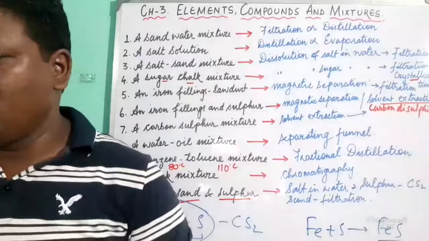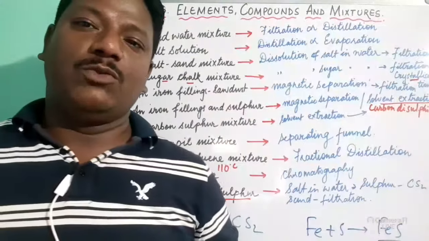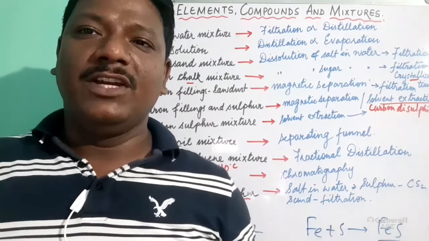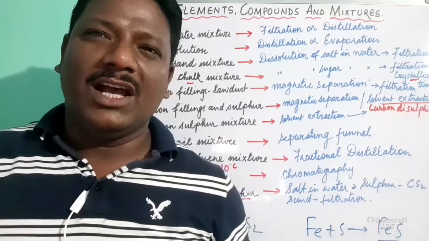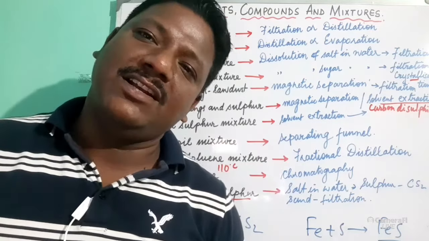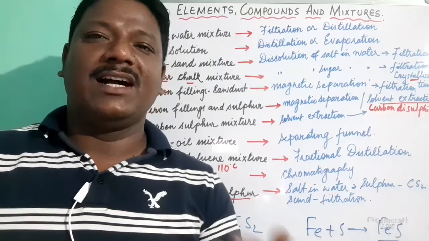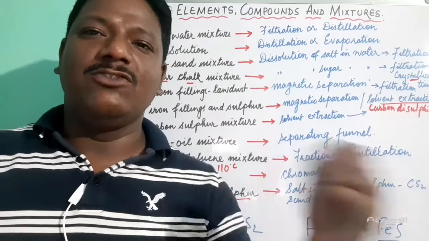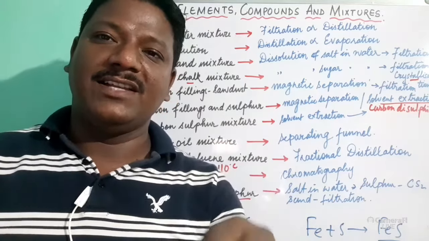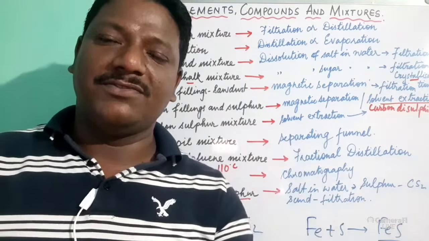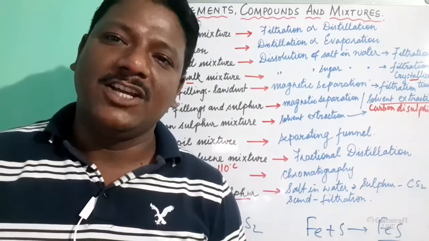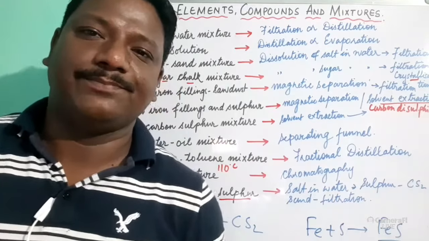First you pour water, the potassium nitrate will get dissolved, you filter it out and the solution will be crystallized and crystals of potassium nitrate will be separated, and the carbon and sulfur will be left. Then you put carbon disulfide, which will dissolve the sulfur and carbon will be left, and again the solution will be crystallized to get the sulfur back.